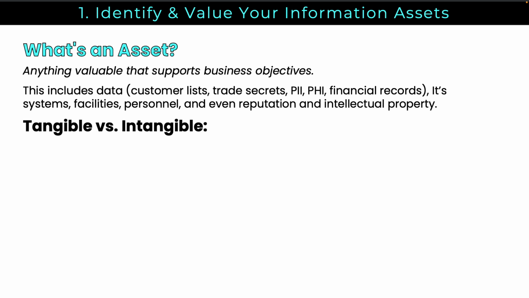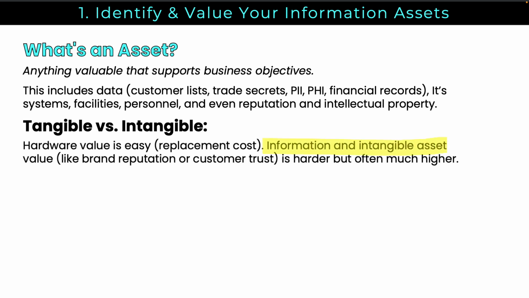And then the tangible versus the intangible. Valuation of things like hardware is easy because we're just calculating replacement cost. Information and intangible asset value, like brand reputation or customer trust, is harder, but it's often much higher value.